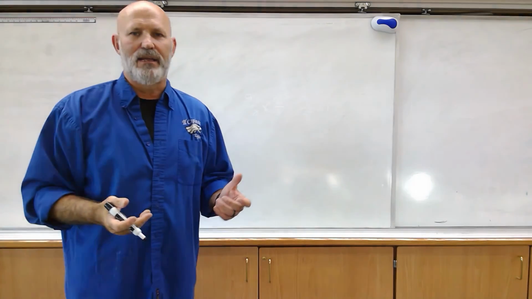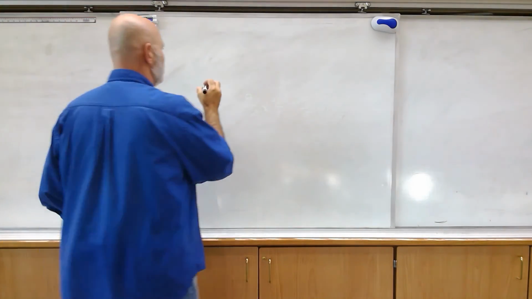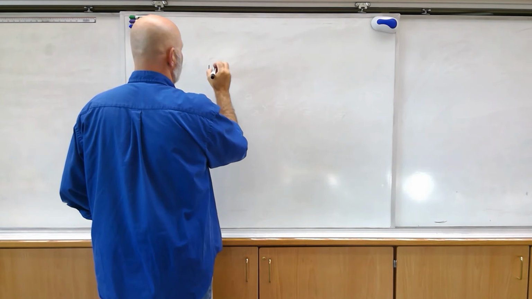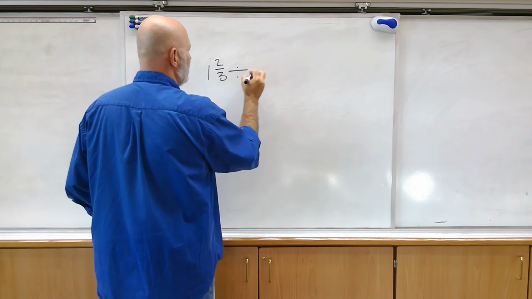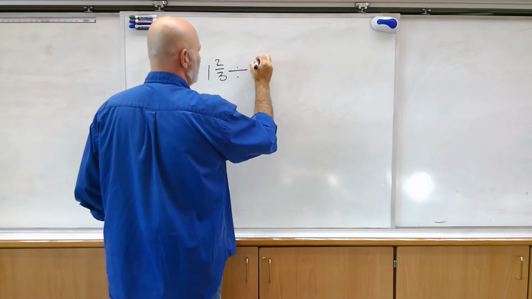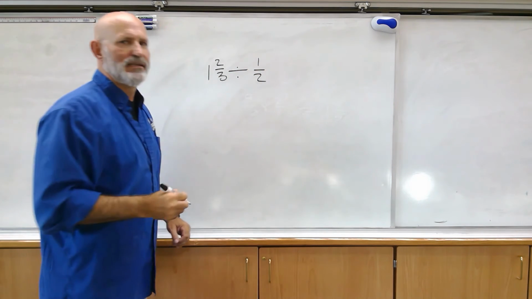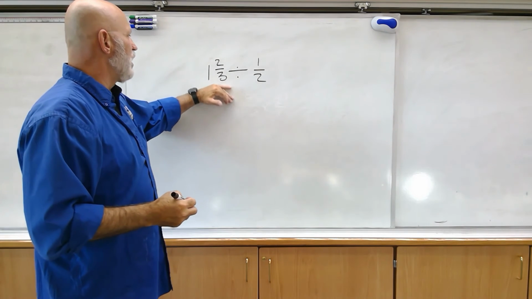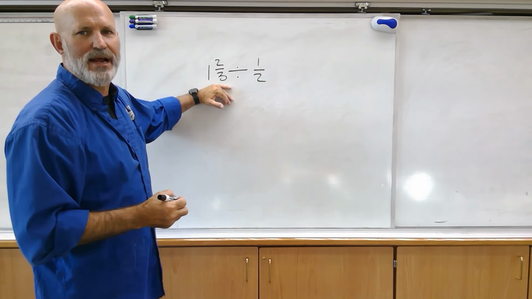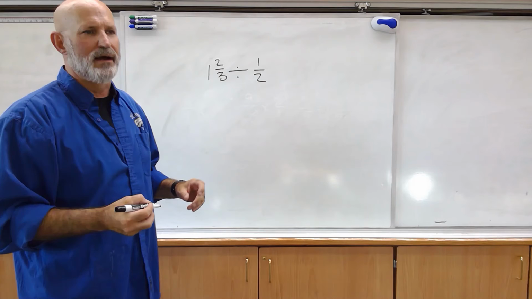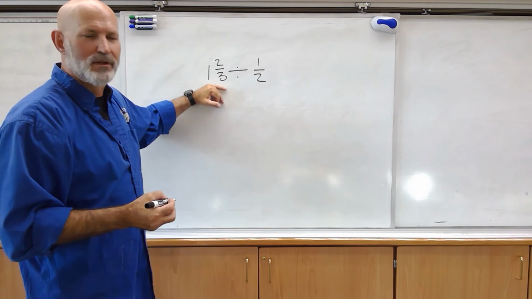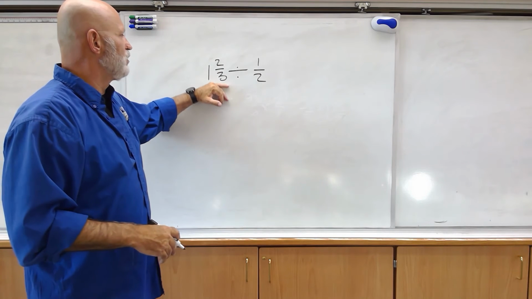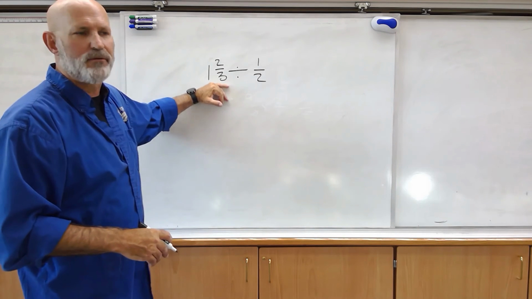All right, let's divide a mixed number. Let's say we've got 1 2/3, and we're going to divide that by 1/2 again. That's an easy one. First off, I need to turn this mixed number into an improper fraction.